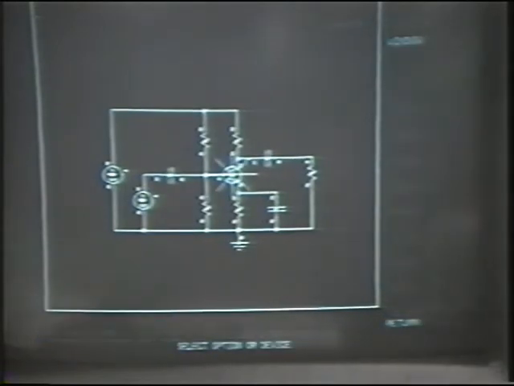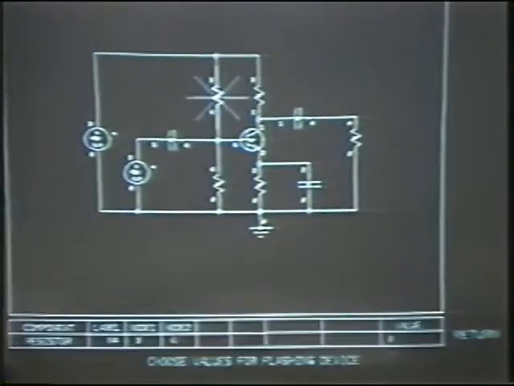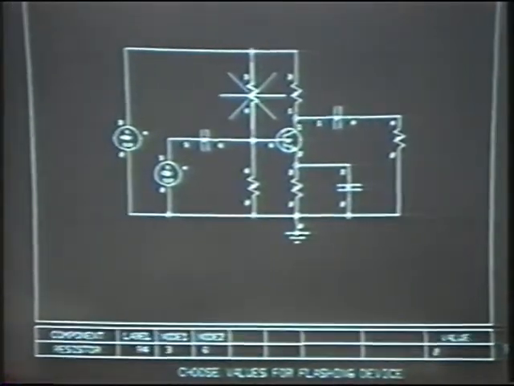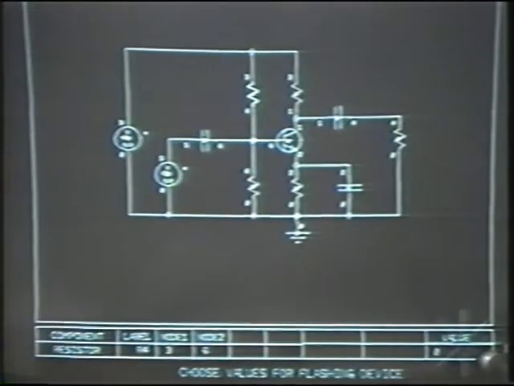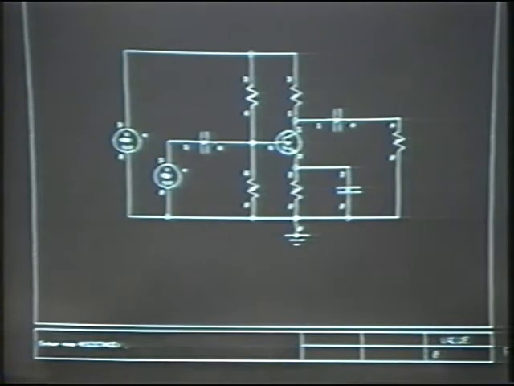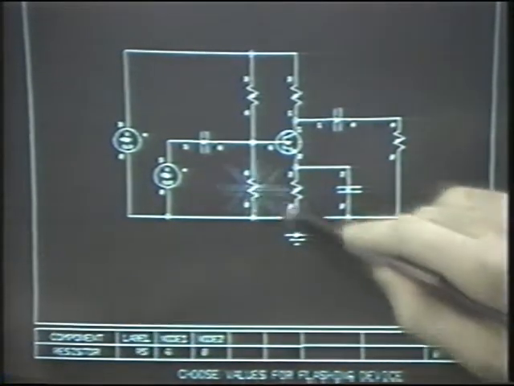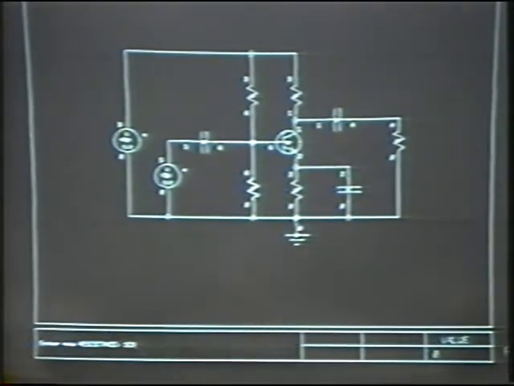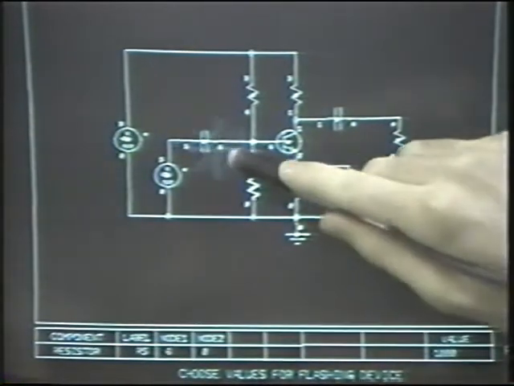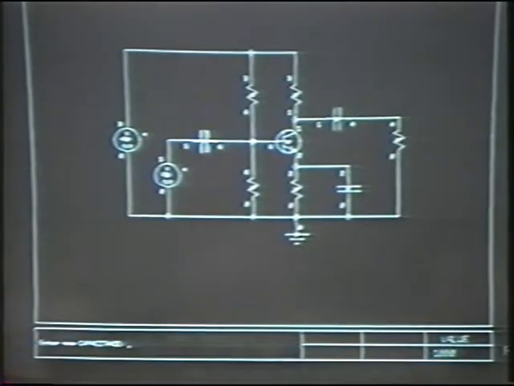I select the value option, and now I can choose a device on which I want to input a new value. Okay, I've selected one of the bias resistors, and I can select with the cursor the value option and input maybe a 10K resistor. And the other resistor, well, we'll make it a 1K resistor. It's an appropriate bias. And for the input capacitor, we'll make it 1 microfarad.